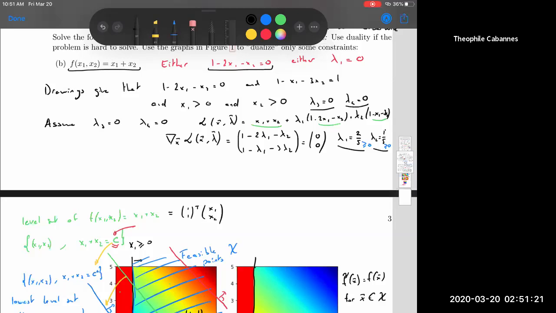Because lambda 1 and lambda 2 are strictly greater than 0, then you know that the constraints are active, which gives that x1 is equal to 2 divided by 5 and x2 is equal to 1 divided by 5.